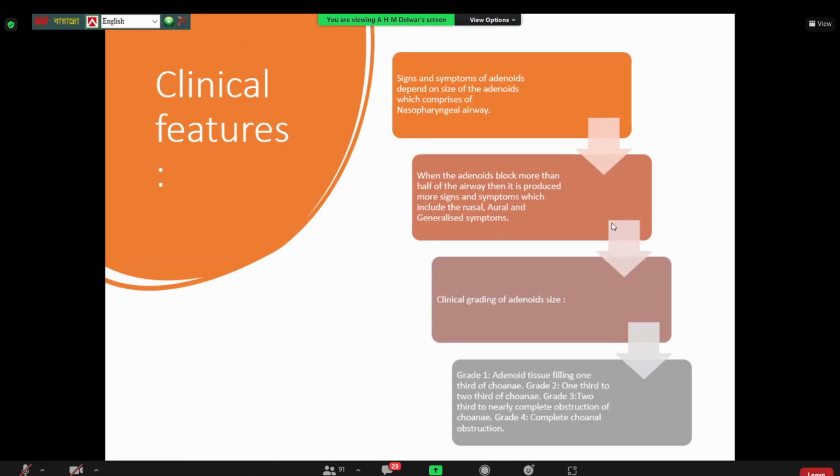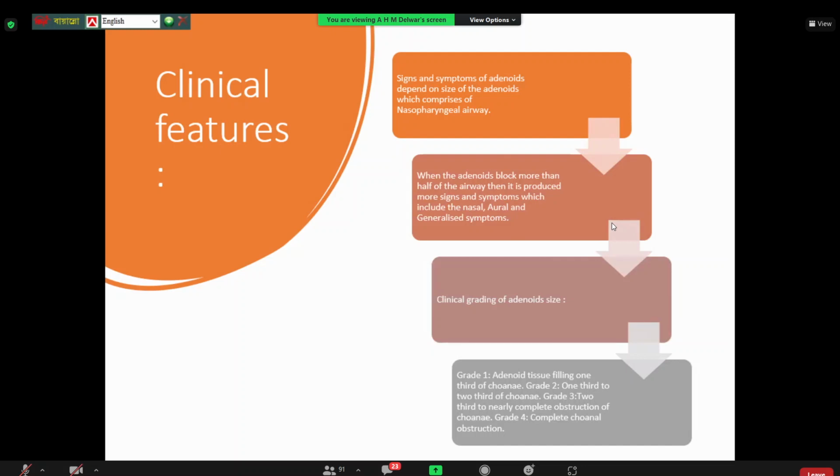The adenoids are placed in the nasopharynx, which is the root of the nasal airway, and there is a close connection with the eustachian tube and the middle ear cavity. So when it is connected with the nose and ear, there are nasal, oral, and generalized symptoms.